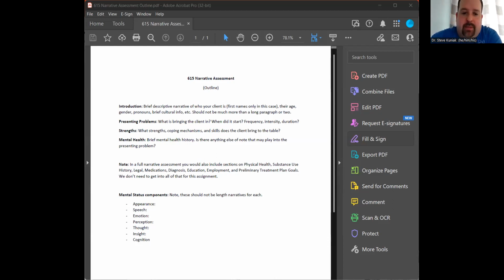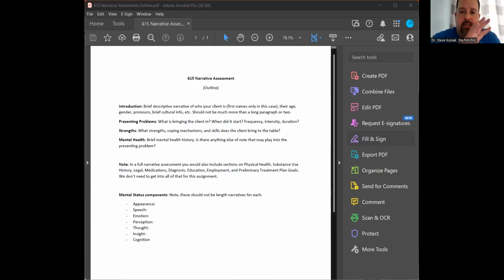But then folks were asking me how to present the information, so that was the example biopsychosocial that was mentioned in the syllabus, but there was no real clear method or example of how to present that information. And so I very quickly worked up this document, because there is an example in your text, but just to give you another format to work with, and one that I'm very familiar with.